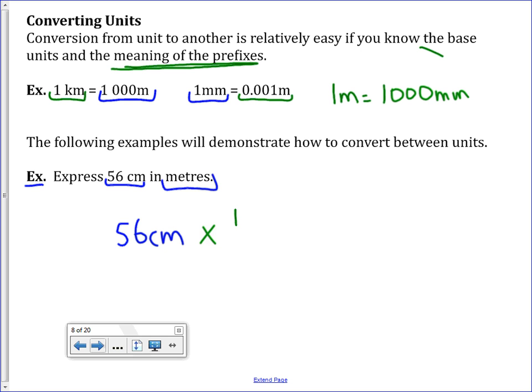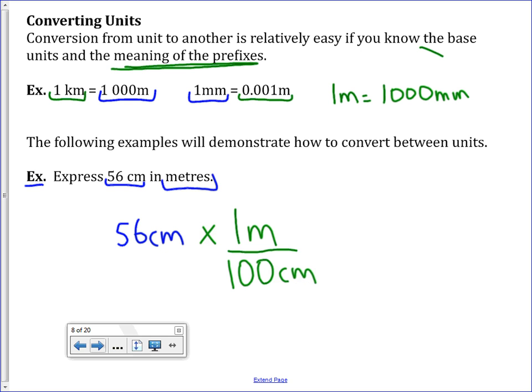So in this case, we want to convert it into meters, so we're going to multiply our number by 1 meter, and we're going to set it up as a ratio. So we're going to take our meter, divide it by the number of centimeters that go into 1 meter. So in 1 meter, we know that we have 100 centimeters.